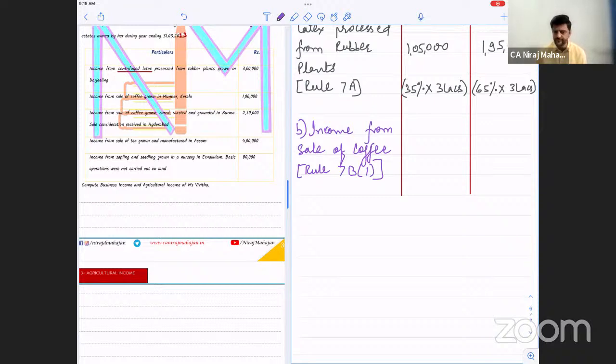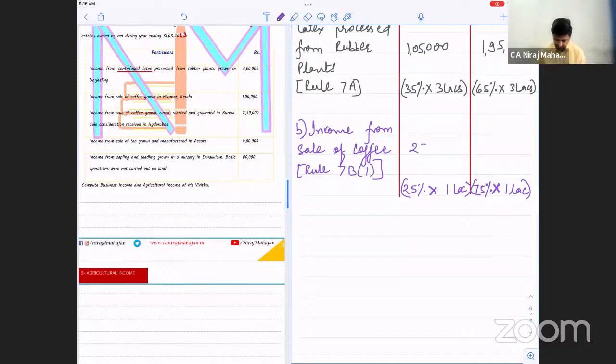I think it is 75, 25. 75 is agri, of 1 lakh, and 25% of 1 lakh. Correct, all of you? So 25,000 and 75,000. Okay.